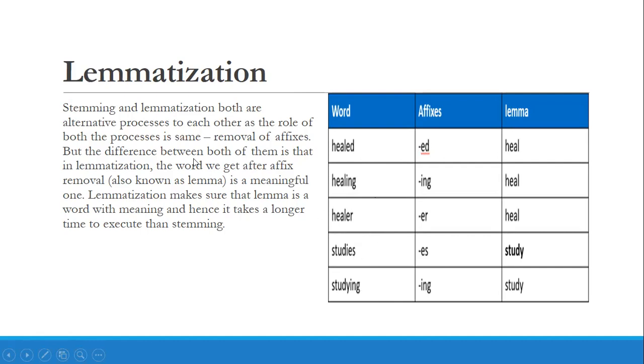But the difference between both of them is that in lemmatization, the words we get after the affixes removal, we call lemma words, which are meaningful. That means lemmatization makes sure that the lemma is a word with meaning and hence it takes a longer time to execute than stemming.